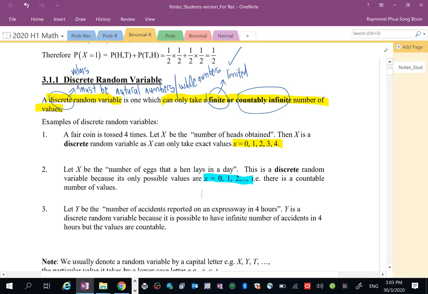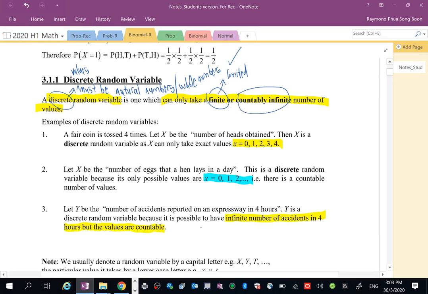All right, let's look at example 3. Random variable y is defined as the number of accidents reported on an expressway in a duration of 4 hours. So why is random variable y also a discrete random variable? Because we can have an infinite number of accidents in 4 hours, but the values are countable.